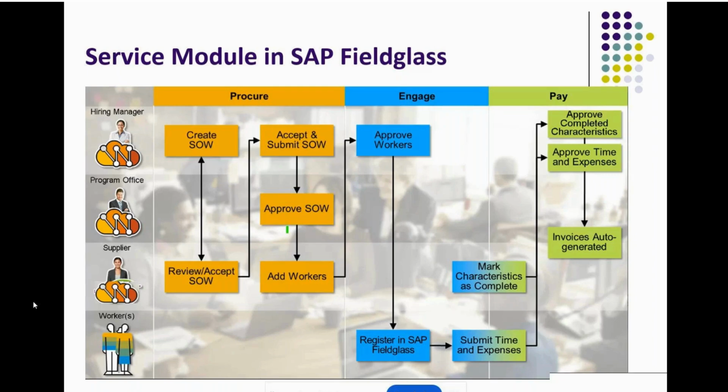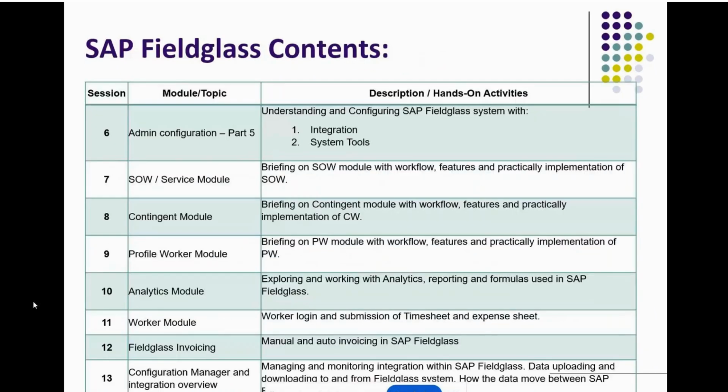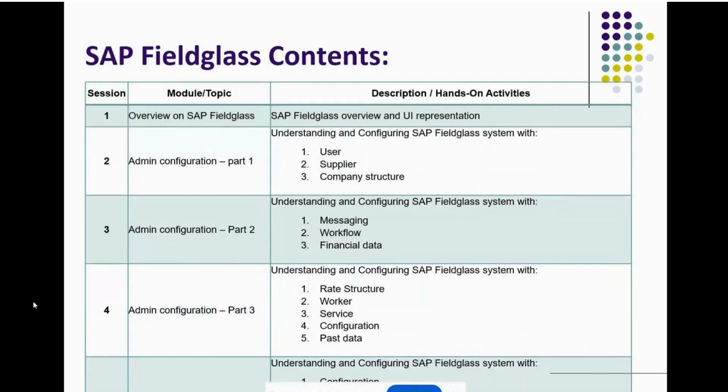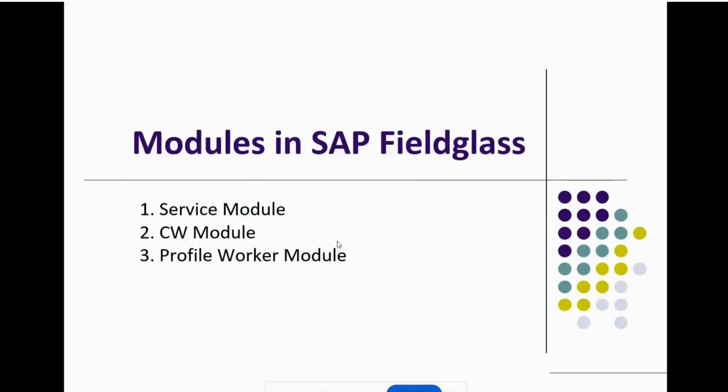If you see, one minute, let me go with this. If you see Admin, Config, Part 2, Workflow is there right here. Under this there is a tab called Approval Group Flow, and we can set up this approval flow.